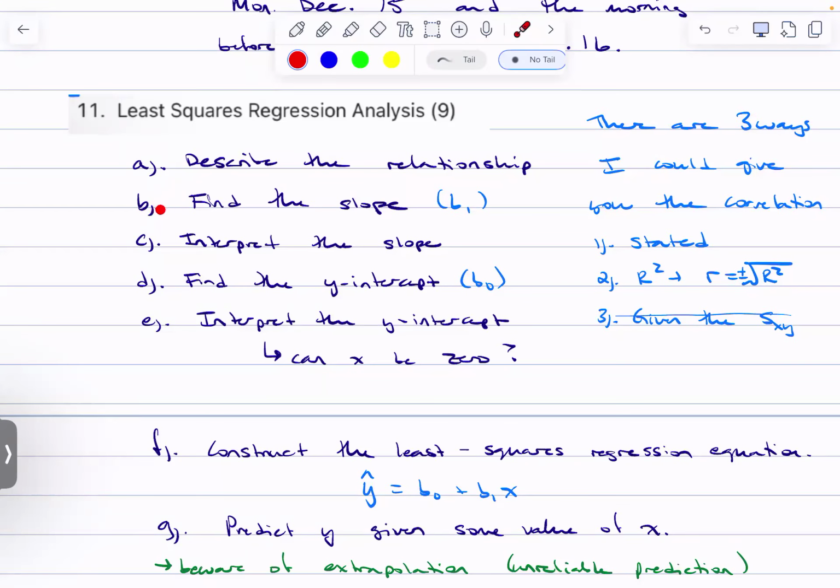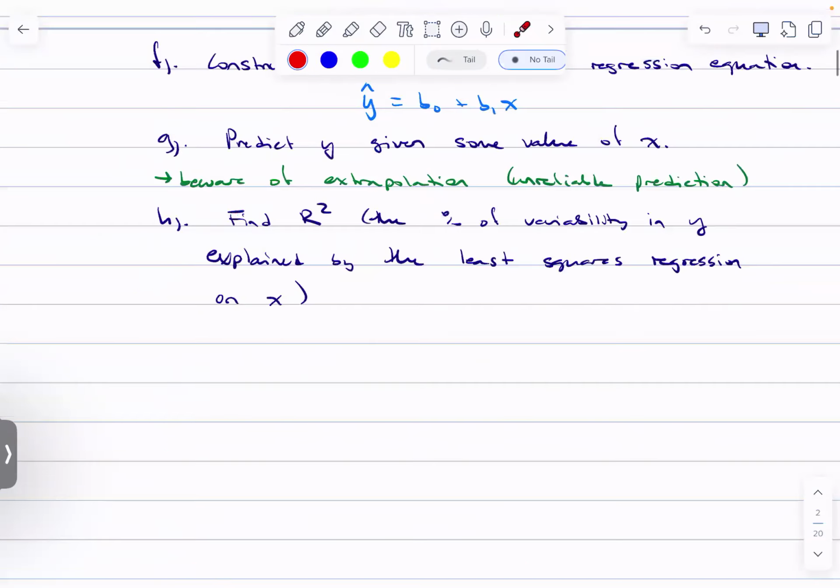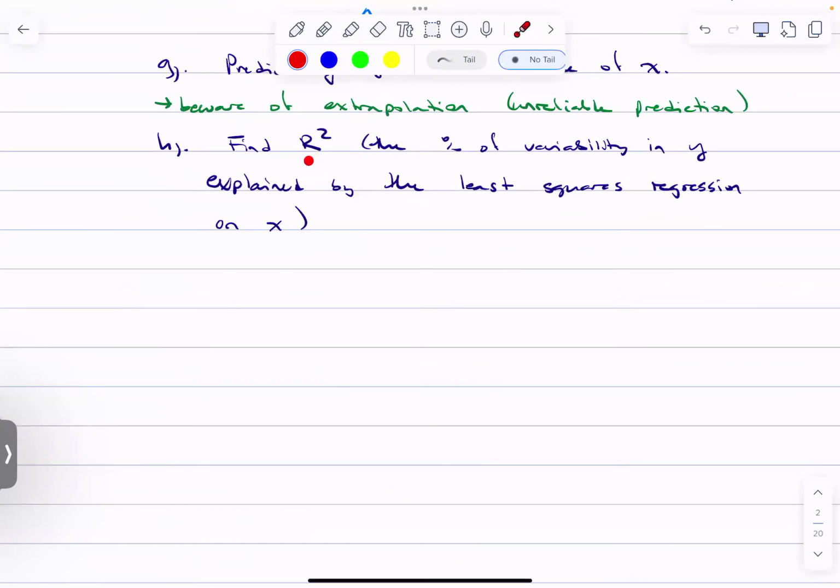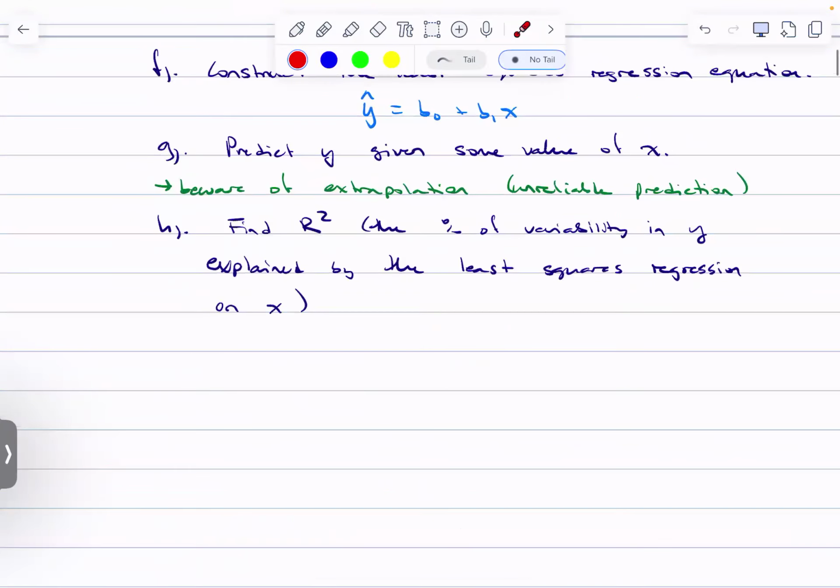Find the correlation, which means, of course, then you don't want to find r squared, because you've already done that part, but I had to pick a lane, so I picked this one. Just kind of the more common one.